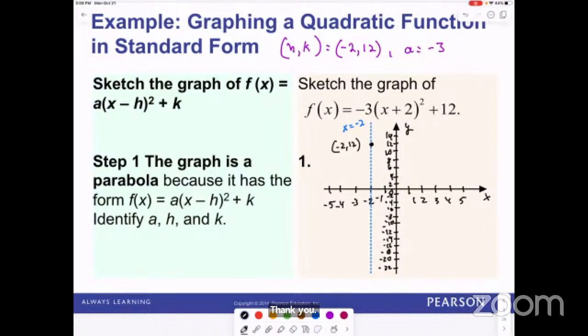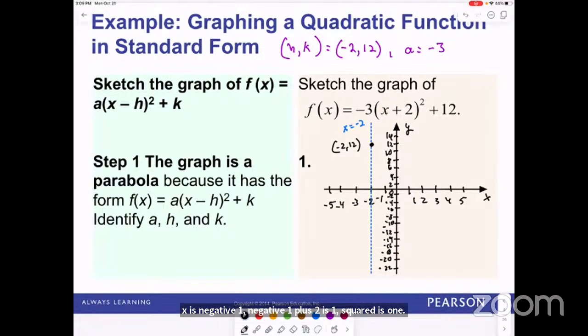Okay. And then we can use the axis of symmetry to generate several points. Whenever we get a point on one side, we automatically get a point on the other. So for instance, when x is negative 1, negative 1 plus 2 is 1, squared is 1, times negative 3 is negative 3, plus 12 is 9. So when x is negative 1, the corresponding y is 9.